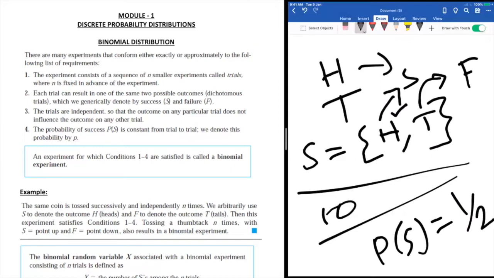If one tosses the coin 10 times, in each case the probability of getting head is equal to 1 by 2. So the probability of success is constant from trial to trial. Experiments that satisfy these four conditions are called binomial experiments.